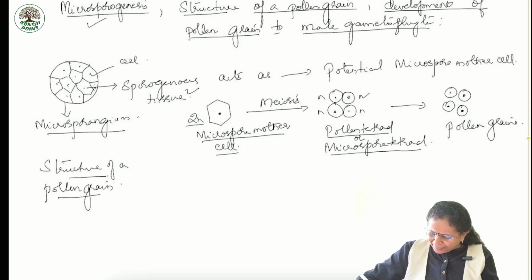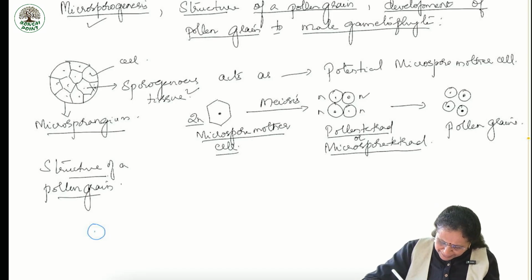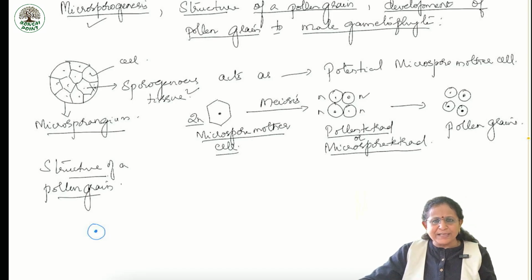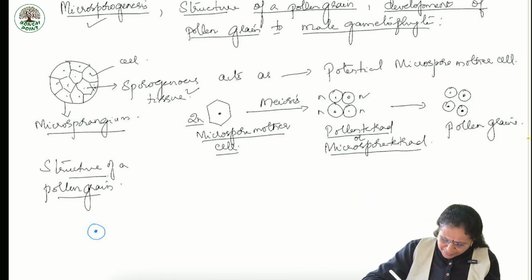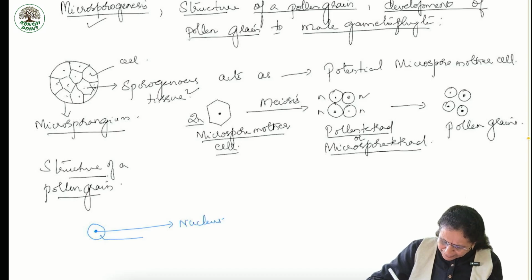Each pollen grain is spherical in shape, enclosing dense cytoplasm and a prominent nucleus. So if this is the nucleus and this is the cytoplasm, what should this outer wall be? This should be the plasma membrane.